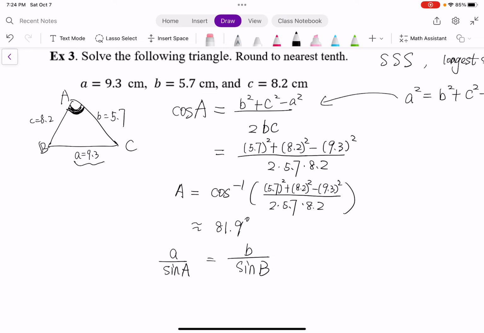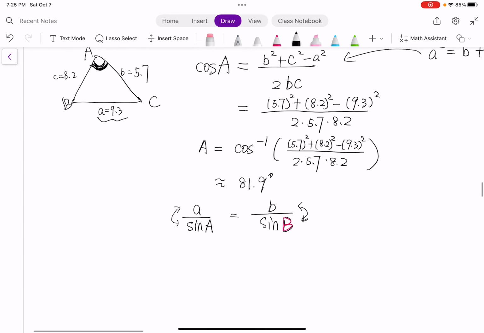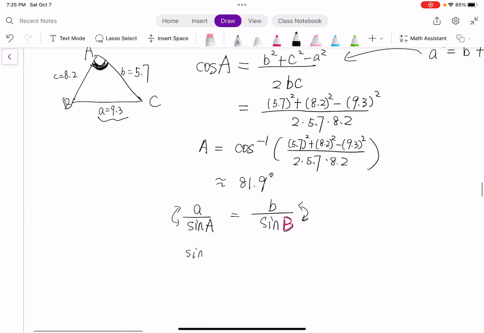What is the given information and missing information? Angle B is missing. Lowercase a, uppercase A, lowercase b are all given. So let's find sine B. I'm flipping this, so I have sine A over a equals sine B over b.